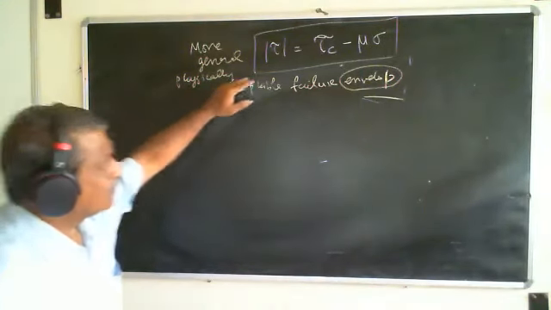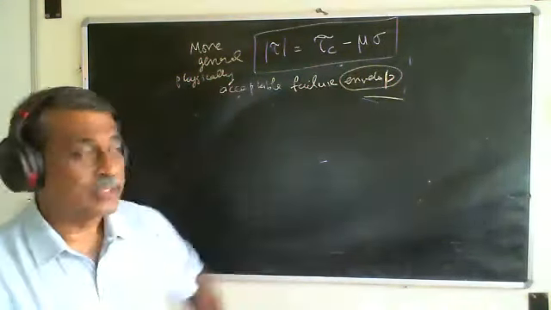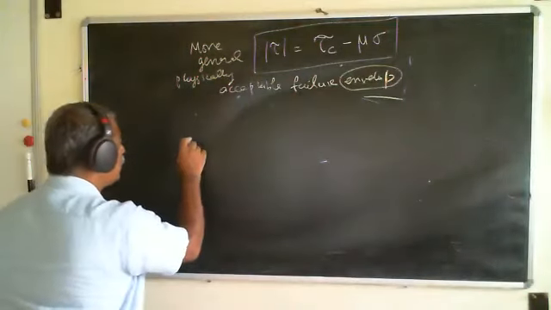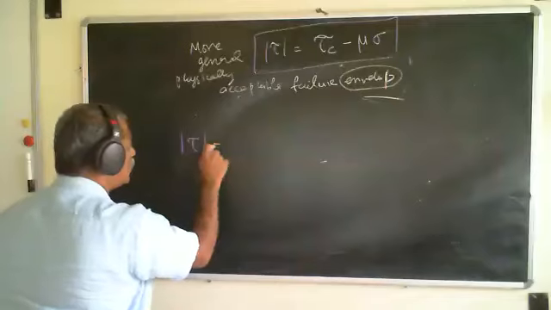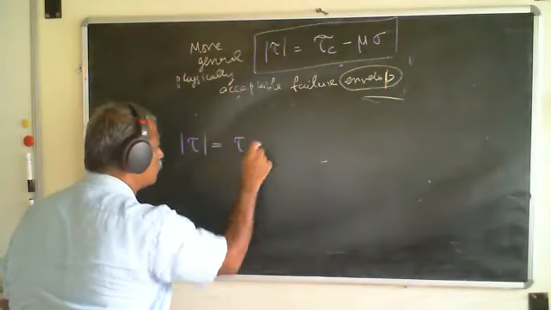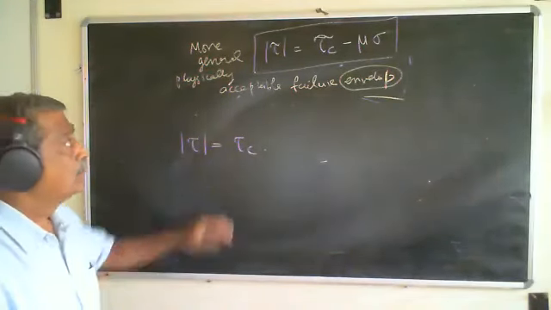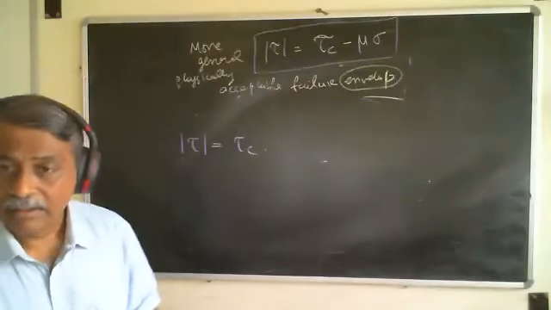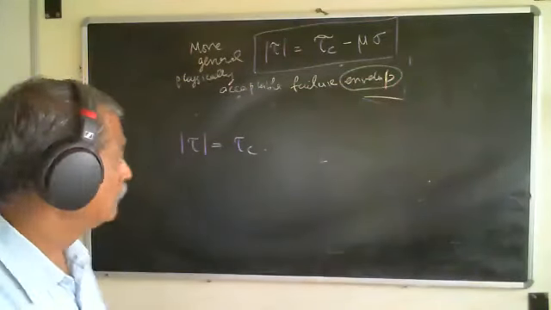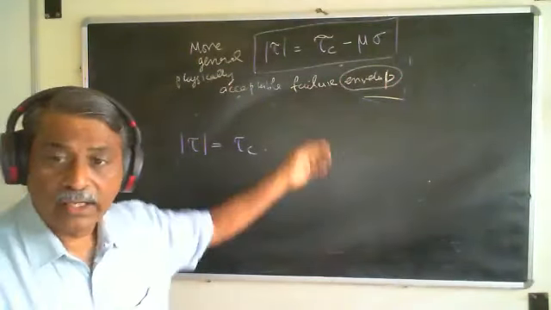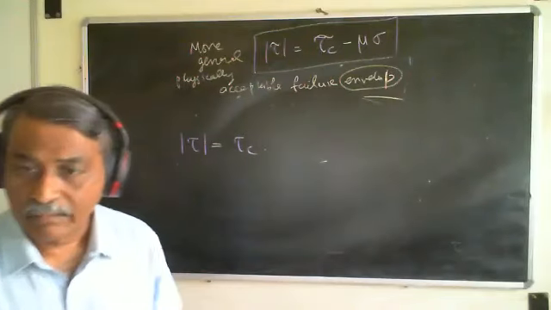Now let's look at this again and ask a few questions. Can I reproduce tau is equal to tau c, which we started with earlier, from this equation?